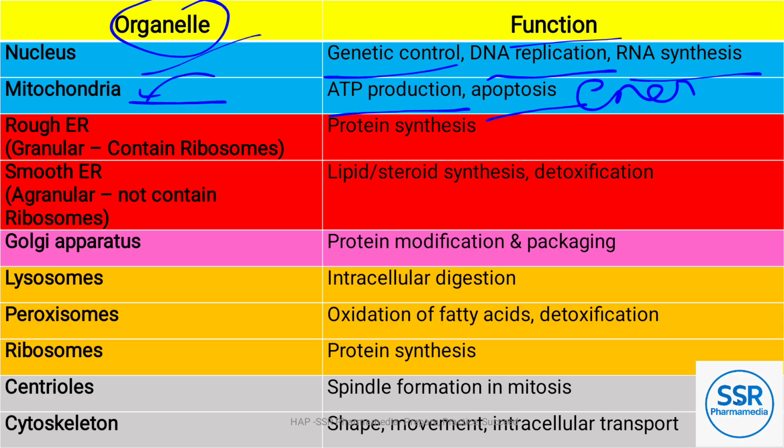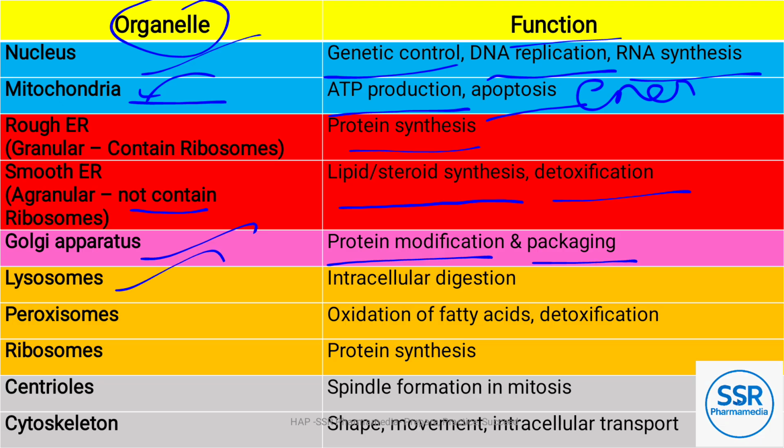Rough ER: granular, containing ribosomes, protein synthesis. Smooth ER: agranular, not containing ribosomes; lipid and steroid synthesis, detoxification.